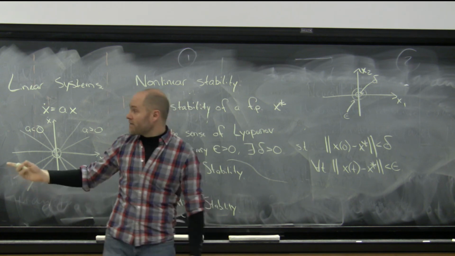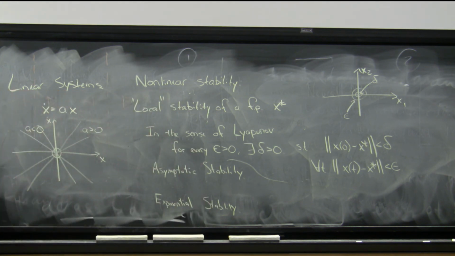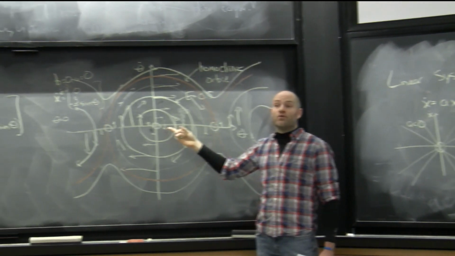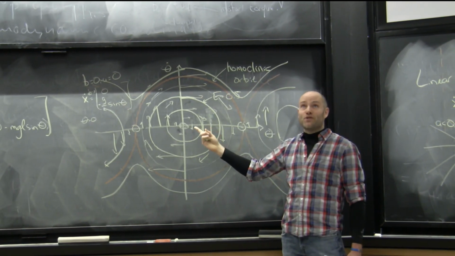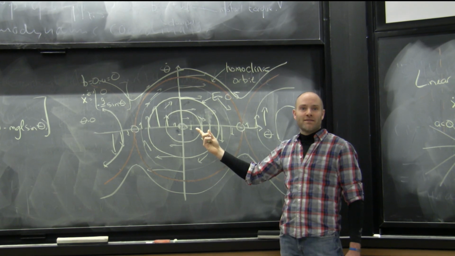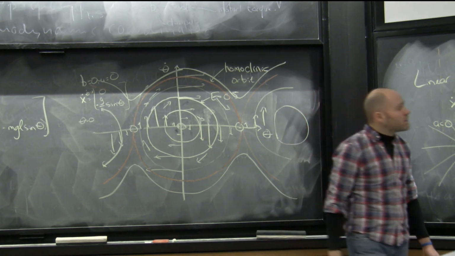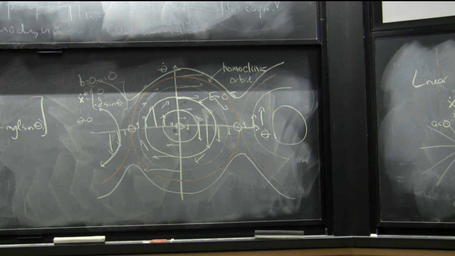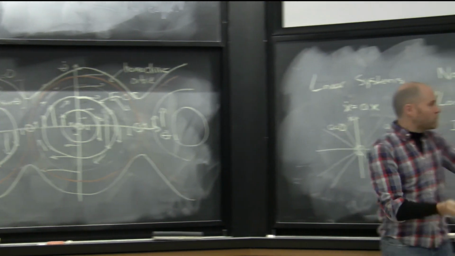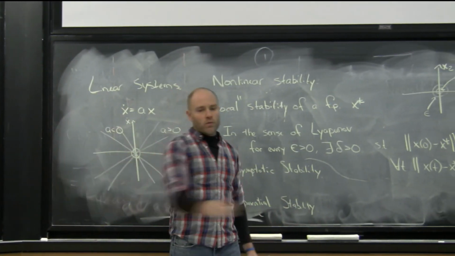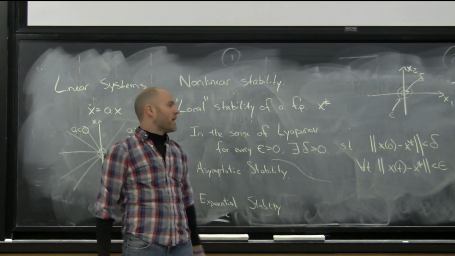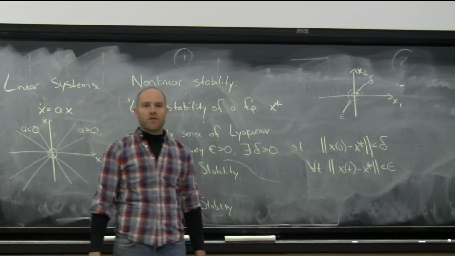In the pendulum case, this is stable in the sense of Lyapunov, and you could actually choose delta. In fact, you must choose delta equal to epsilon. But in general, if the system had weird orbits that were very different in different directions, then delta could be a different size than epsilon.